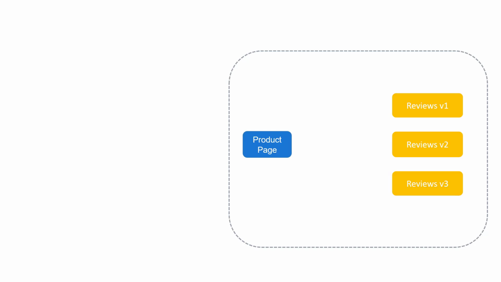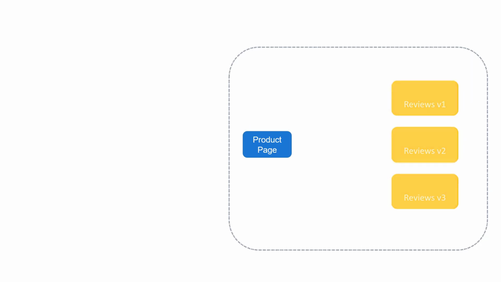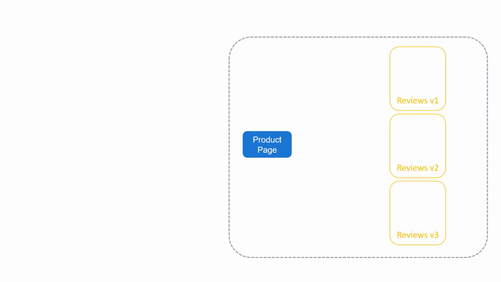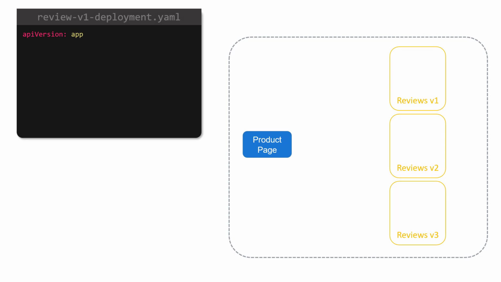Version 2 has the black stars, and version 3 has the red stars. We want to test these services by driving a small percentage of traffic to them until we are sure they work as expected and that our users like the new star feature. In the plain Kubernetes world, without Istio or a service mesh, we would deploy the reviews microservice as a deployment.